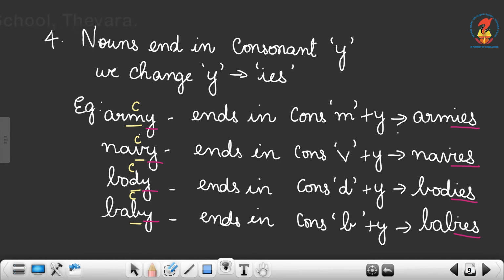Where M is a consonant and it ends with Y. So if the noun ends with a consonant and Y, we have to cut Y and add IES to make it plural. So army is singular, whereas armies is the plural. We write IES to make it plural.